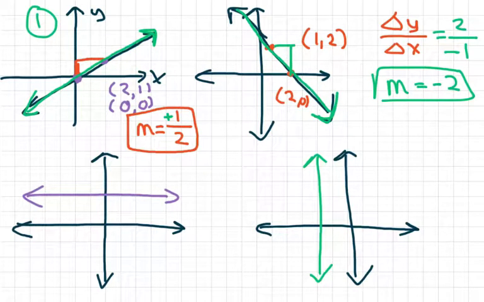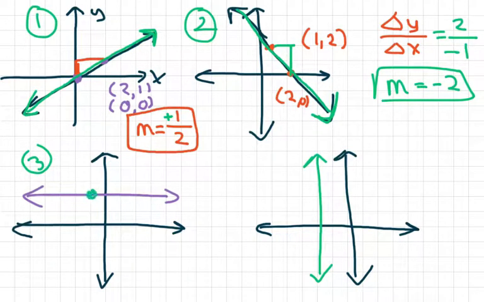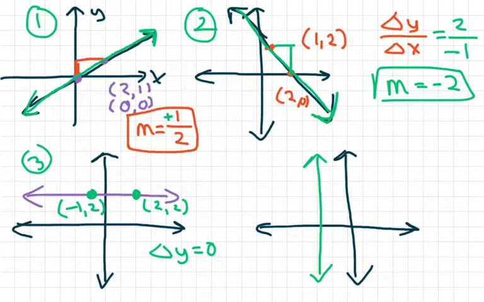Now this one, this is number 3. I'm going to pick two points here. So I'm going to pick this one and this one. This point is (-1, 2). And this one is (2, 2). Now, I need to do the change in Y. But if you notice here, we're not going up and down. So my change in Y equals 0.